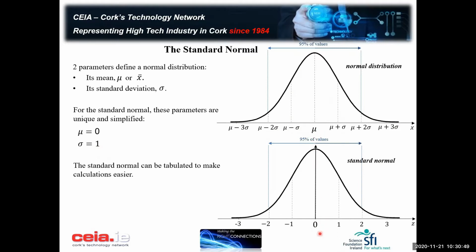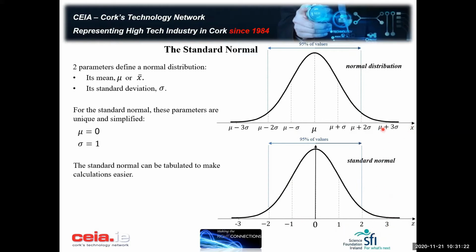So what would be minus 1 on the standard normal is equivalent to mu minus sigma on the general normal distribution. And similarly, plus 2 on the standard normal is equivalent to mu plus 2 sigma on the general normal. So generally the variable for the standard normal is called Z as opposed to X for the general normal.